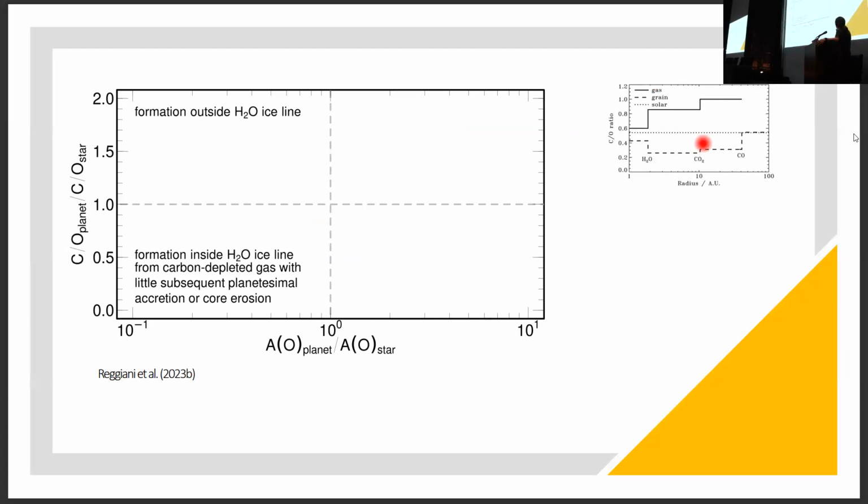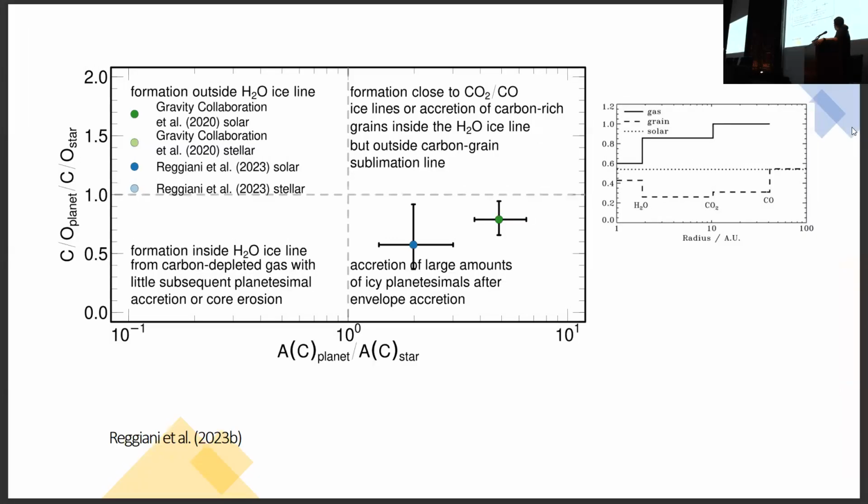Well, you can build a plot that is like this. It is based on their models, which basically means each one of these quadrants implies a different formation location and a slightly different formation process for the planet. And now let's put our data in these plots, which is the thing that we have been trying to do.